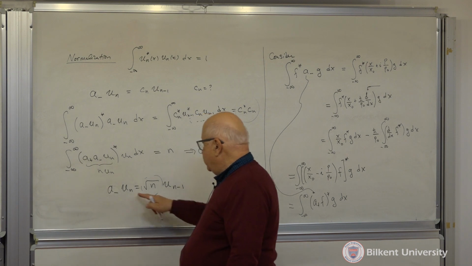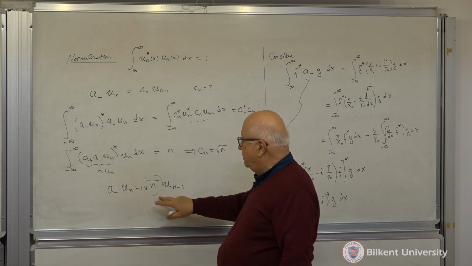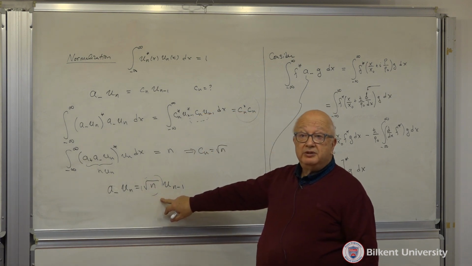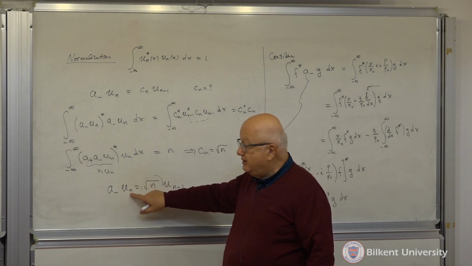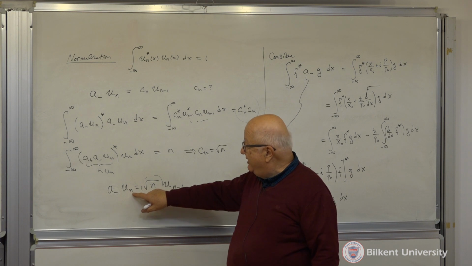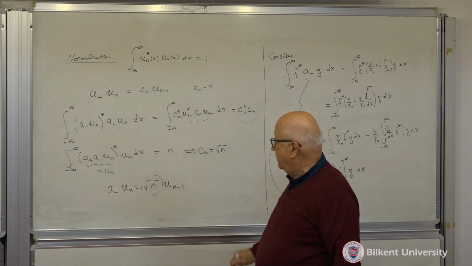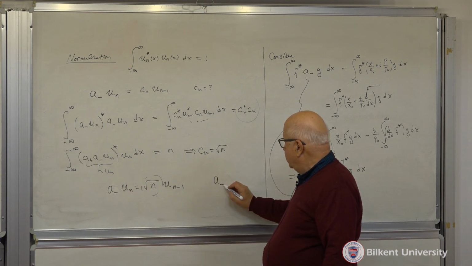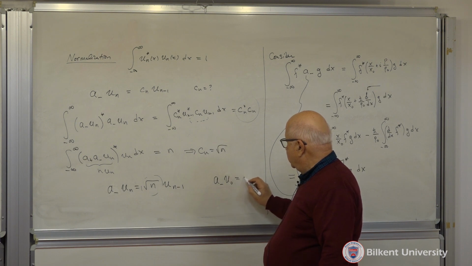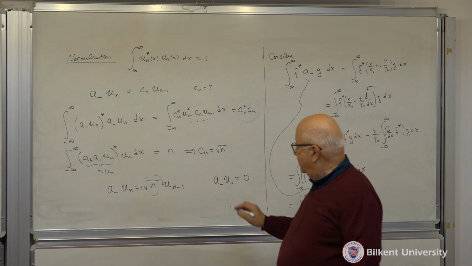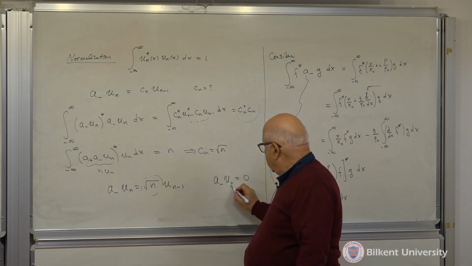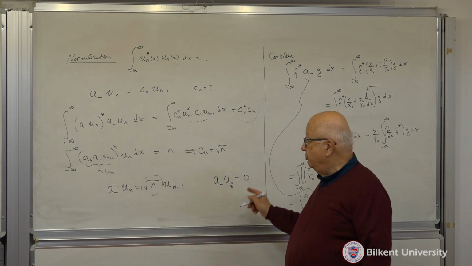One easy way to remember this is that when you lower the index n by 1, when n is equal to 0, you get 0, right? So a minus u0 is 0 because you can't go any lower.